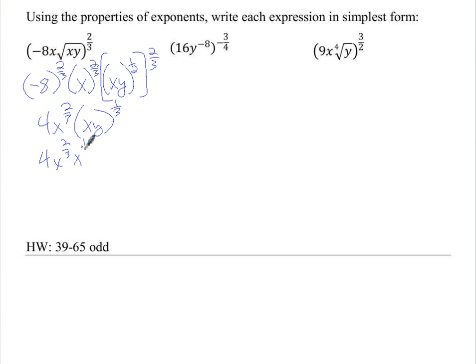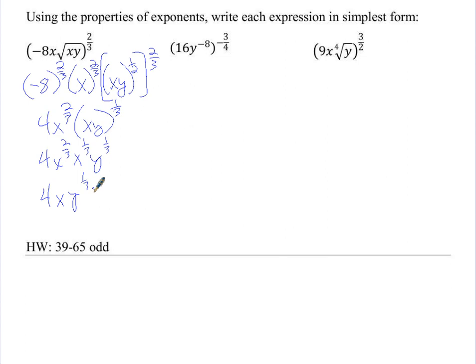X to the 1/3, y to the 1/3. Now what? So then we have 4x to the first, so it's just x. Good. Then y to the 1/3. Yes, like bases, add the exponents. 2/3 plus 1/3 is 3/3, which is 1. So we get x to the first, or just x, y to the 1/3.